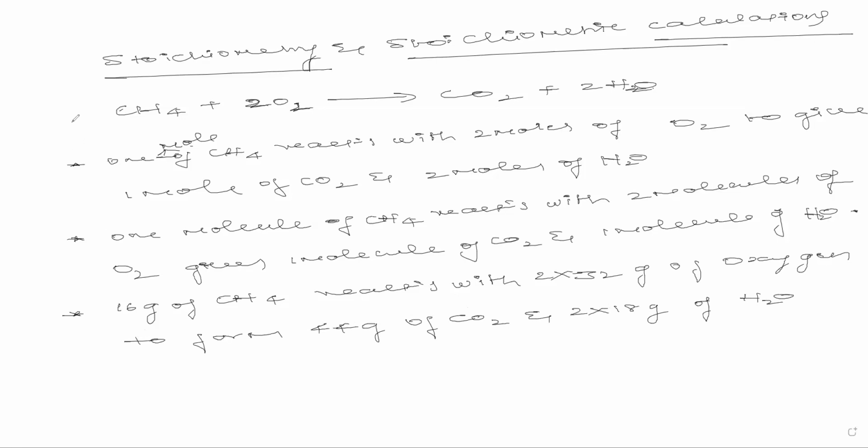The same equation we are explaining in different forms. This is based on molar mass, this is based on number of molecules, this is based on number of moles. The last one is based on volume.